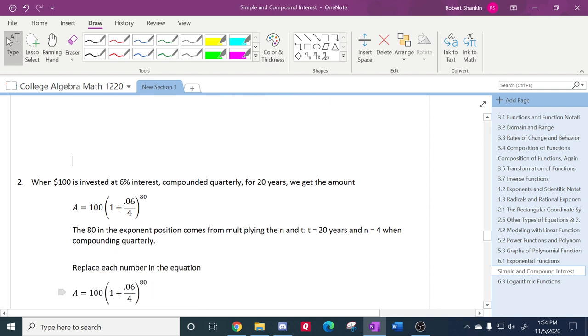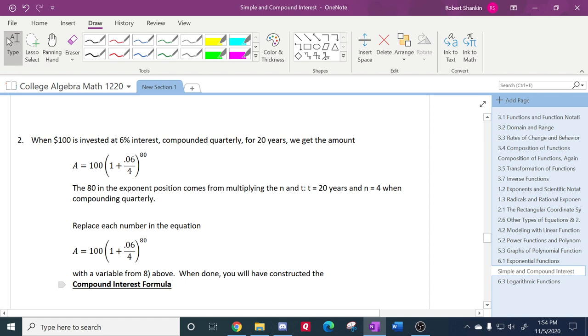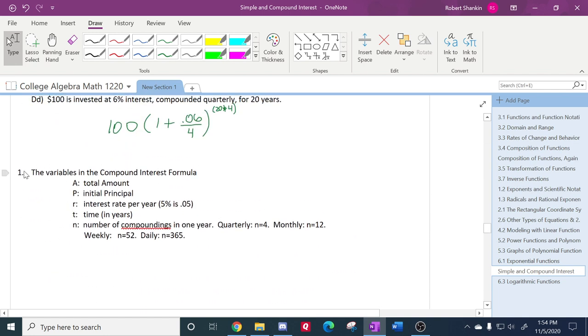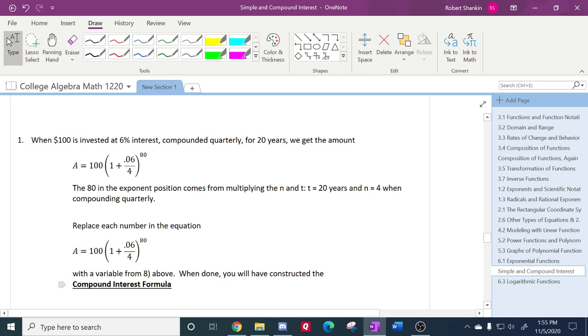Replace each number in this equation with a variable from right up above. This should be number 8. When you're done, you'll have constructed the compound interest formula.